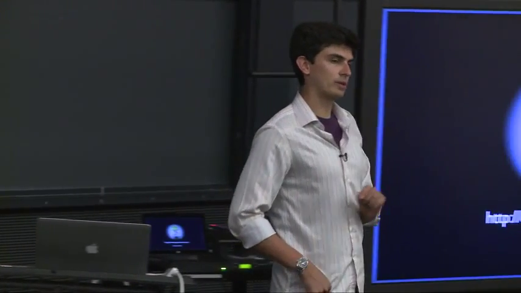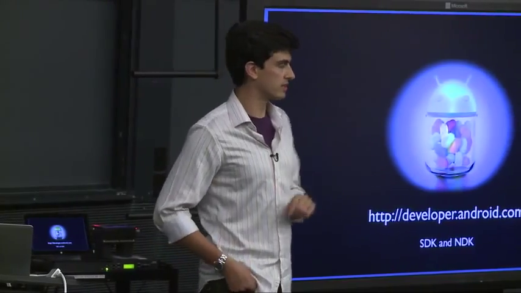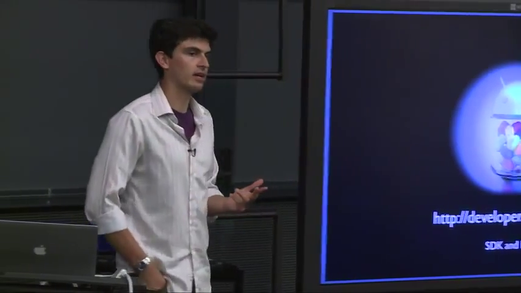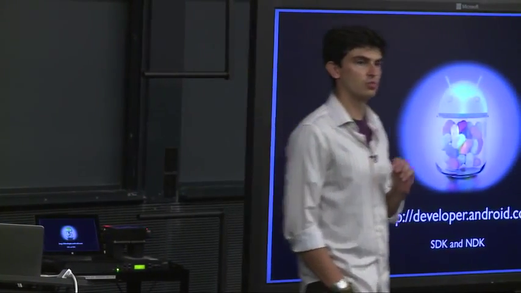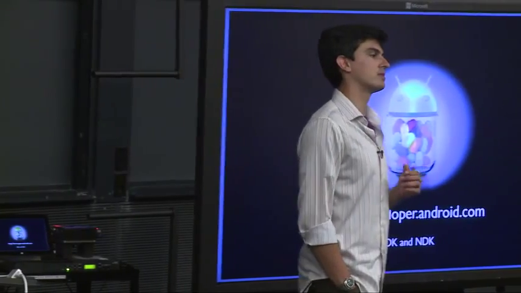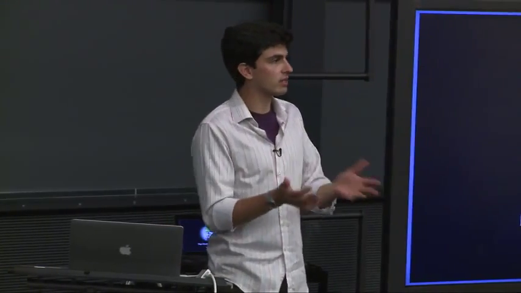You'll notice if you go to the website, though, that there are two versions of the SDK. There's the Software Development Kit, the SDK, and the Native Development Kit, the NDK. The Native Development Kit is a bit lower level. It allows you to write high-performance applications in C or C++ and embed them within an Android application.